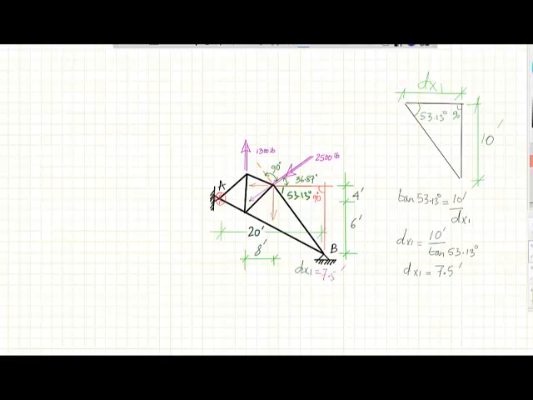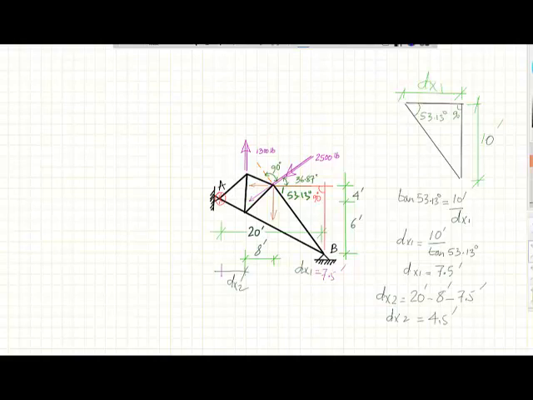Once we know that dx1 is equal to 7.5 feet, if we call this distance dx2, in that case dx2 is equal to 20 feet minus 8 feet minus 7.5 feet, and dx2 will be equal to 4.5 feet.